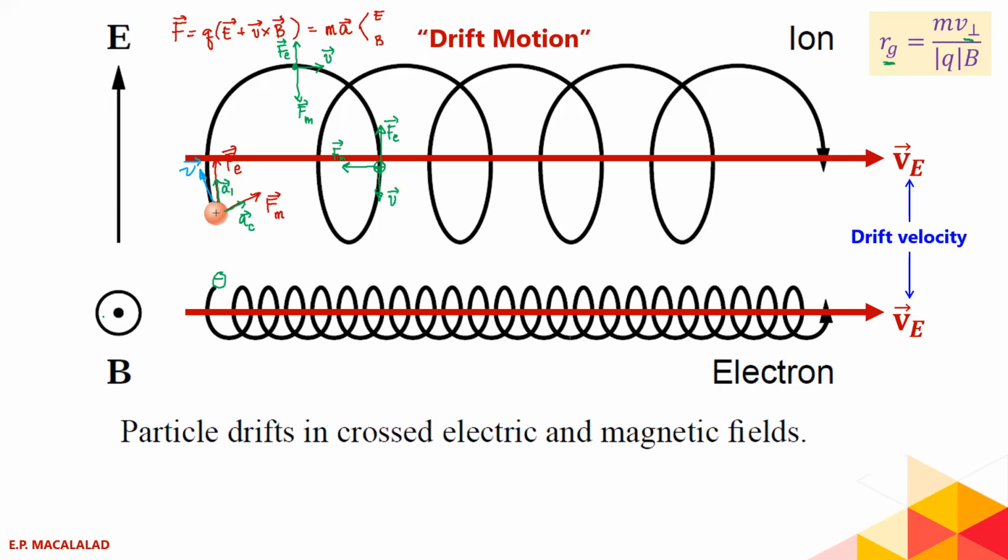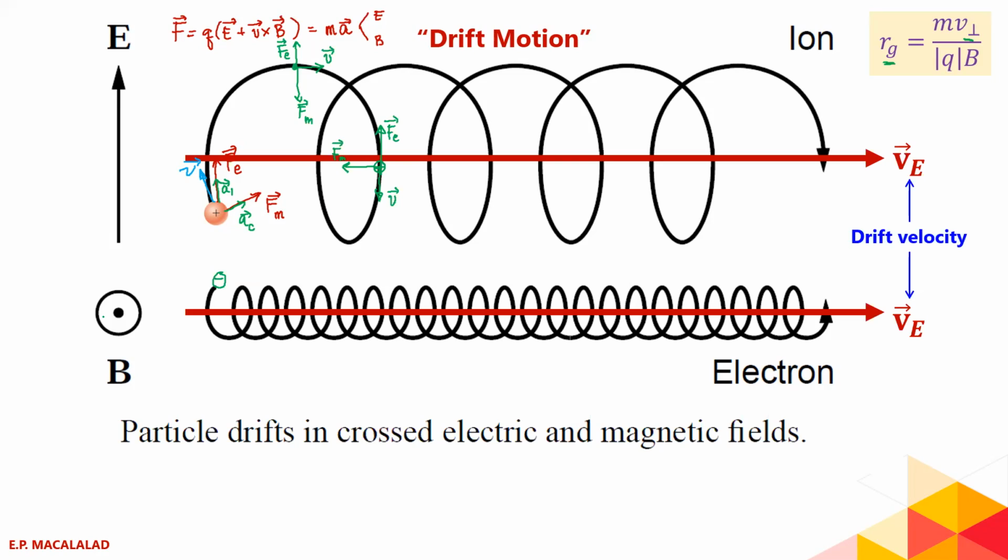Specifically, we call this velocity the drift of the guiding center. That's why I mentioned earlier the importance of the term guiding center. Okay, this velocity, V, is not the velocity of your particle, but the velocity of the guiding center. Okay, the center of your gyration.